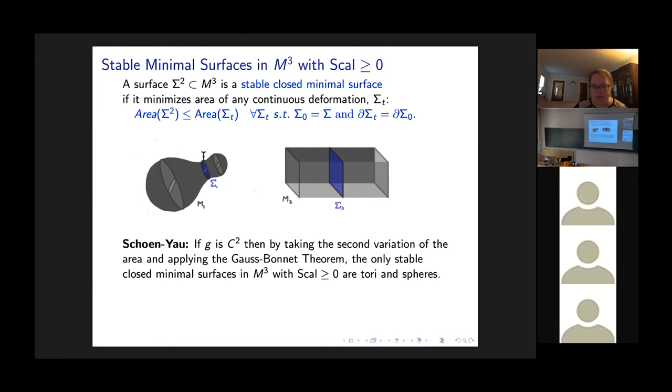Now this is a picture of a 3-dimensional sphere with positive scalar curvature. This is one of these Schwarzschild style necks, right? Running between a small sphere and a big sphere. And we see there's a minimal surface, a strictly stable minimal surface in here that is a sphere. This is, by the way, also a minimal surface. It's unstable.